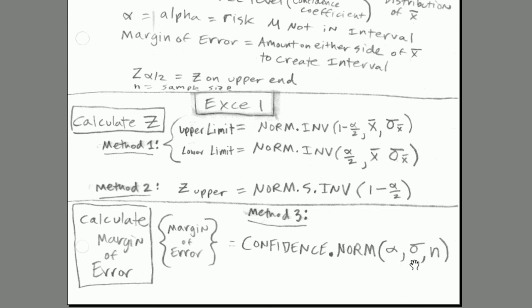Since sigma is known, we're given that, and we have the sample size, you just plug these in, and CONFIDENCE.NORM, because it's got sigma and n, will calculate the standard error. And alpha, obviously, it can divide by 2 and do all that. So this function's real nice because you can quickly get the margin of error. And that's directly the amount added and subtracted from your sample mean.